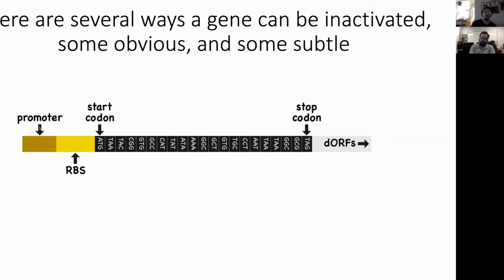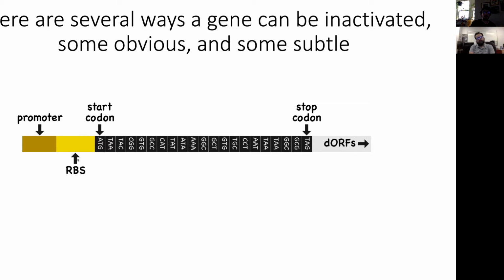You have a promoter, and the promoter is what binds the RNA polymerase that allows the gene to be transcribed into mRNA. Transcription starts here, and this would be your transcript. You would have a ribosomal binding site, start codon, your open reading frame, and stop codon, and then potentially some downstream ORFs if you have a transcript that's composed of multiple genes.